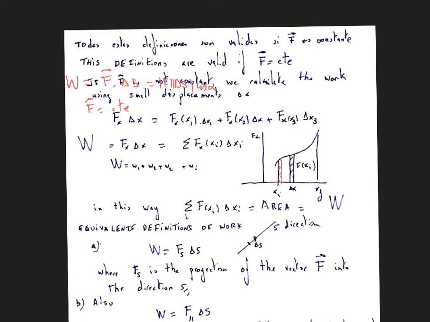So we calculate Fx1 by delta x, Fx2 by delta x. We divide the delta x, final minus x initial, in n parts, and every part we will call a small delta x. So, for example, if x1 is equal 3 and x2 is equal 5, we divide the length that separates 2 points, that is 2 meters, in n parts, let's say 100 parts.